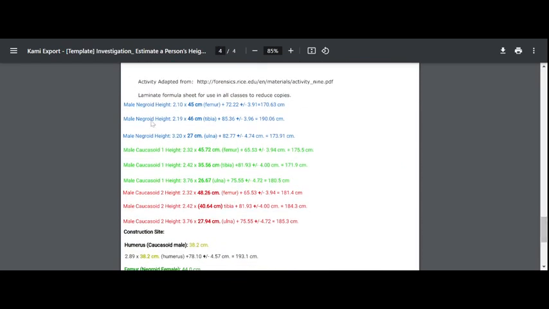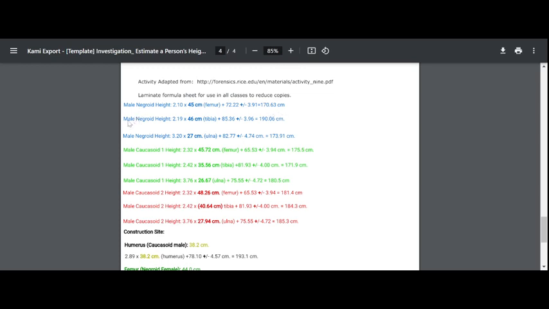So again, it's in blue. The one in blue is what we're looking at. So again, for the male Negroid height, we're going to use 2.10 times 45 centimeters. Remember, the 45 centimeters is the measurement for the femur, plus 72.22 plus or minus 3.91, which is 170.63.